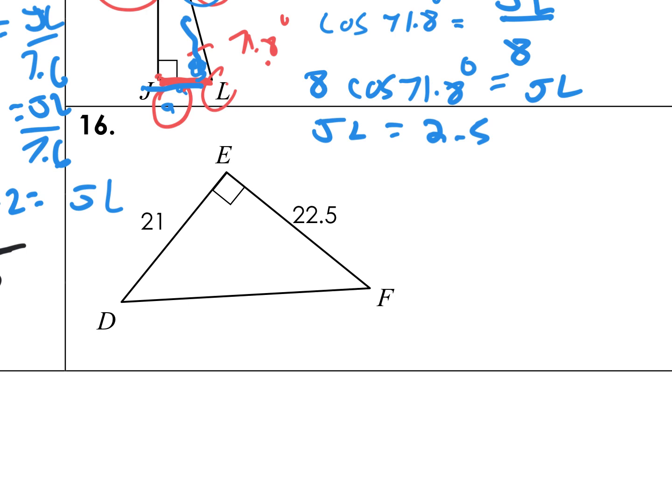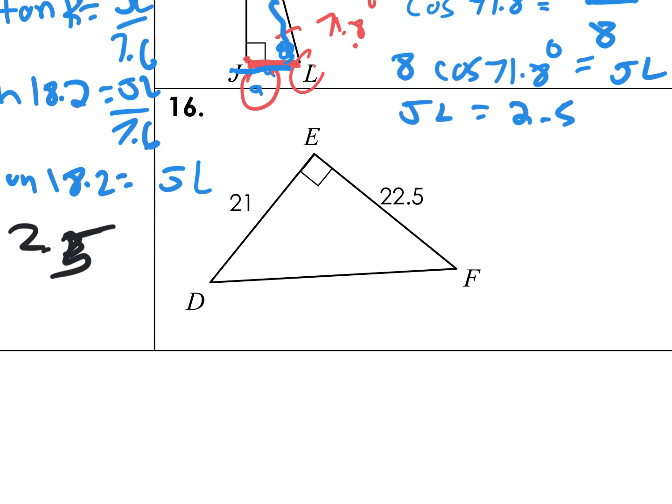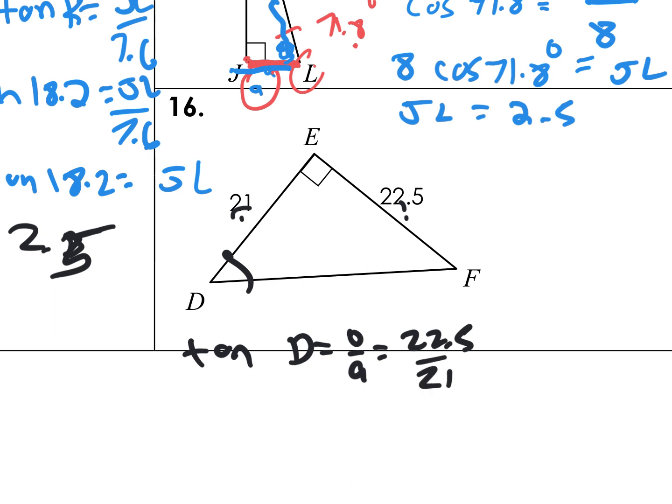Again, he didn't give me any angles. So I need a trig function that uses those two sides. Let's use angle D. O and A. Tangent of D is O over A, which is 22.5 over 21.